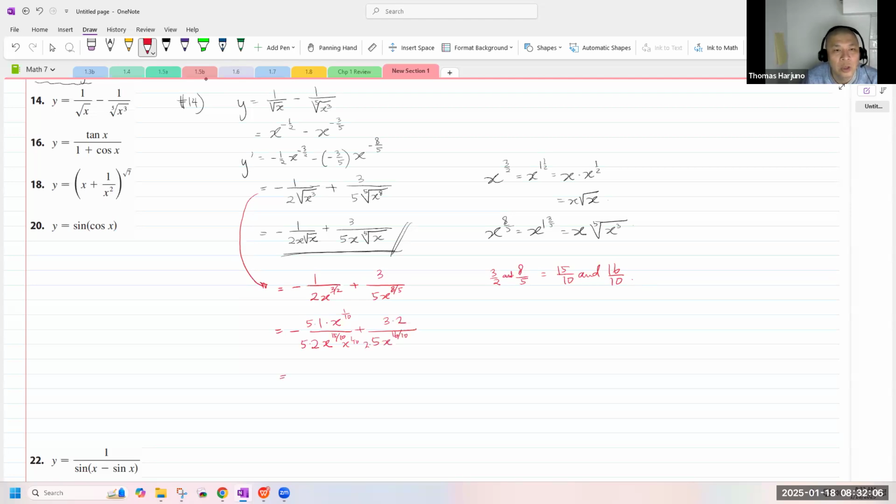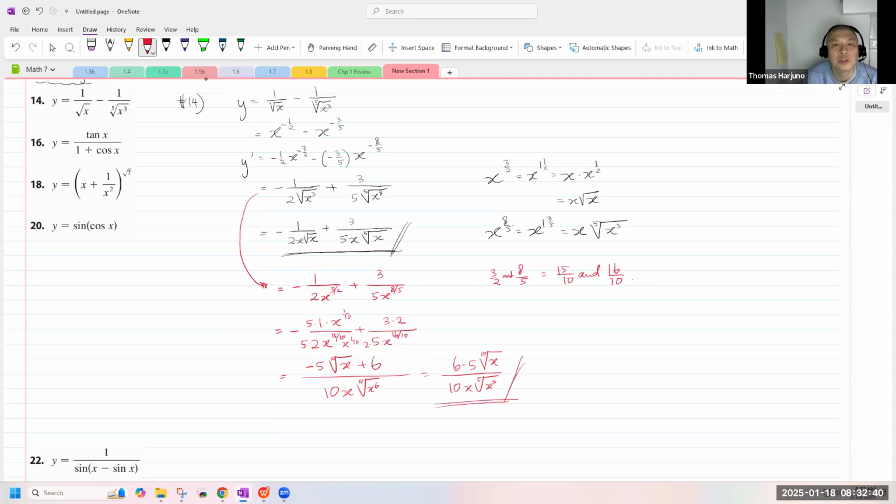So then I end up with negative 5 tenth root of x plus 6 over 10 x to the 16 over 10, which is x, the 10th root of x to the 6, which I can reduce to be x cubed over 5, x to the 3 fifth. So 6 minus 5 10th root of x.